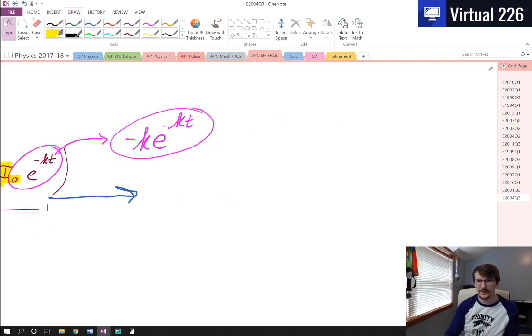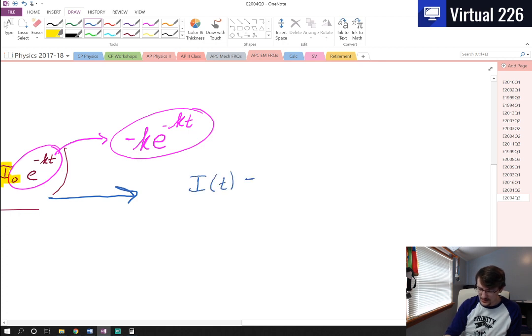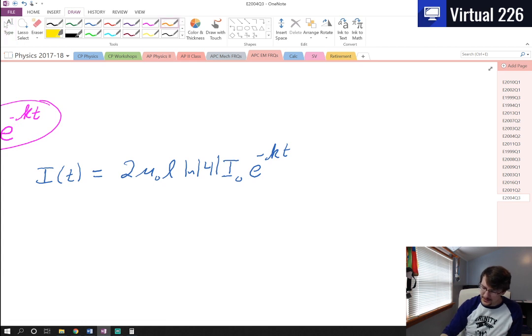We're now going to have something along the lines of our current as a function of time is going to equal 2 mu naught L natural log of 4 times I naught e to the minus kt. And then there's the negative, how do I want to do this?